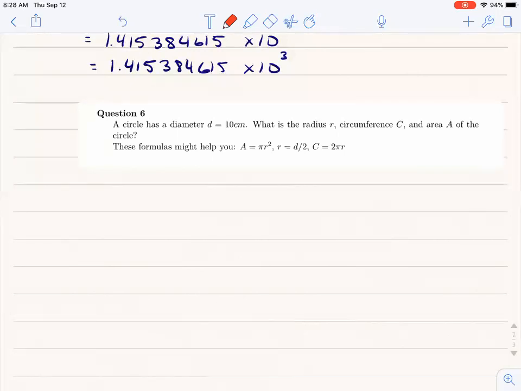Just have a look at area, I guess it's called area dash circles. So we're given that D is 10 centimeters. I'm dropping the units, even though I shouldn't. Can add them on at the end.